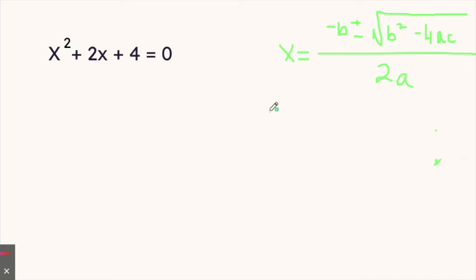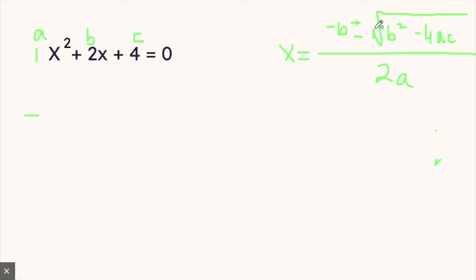So we're going to find x by using the quadratic formula. Now, a is the one before x squared. In this case, it's 1, because there's nothing there. b is 2, and c is 4.